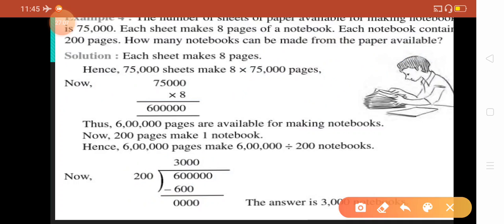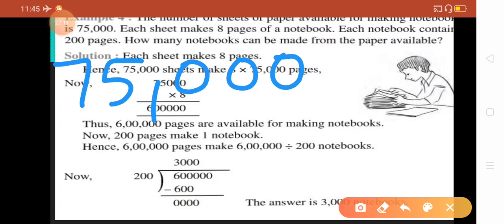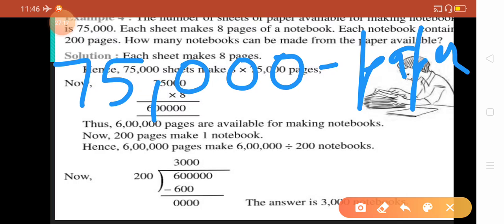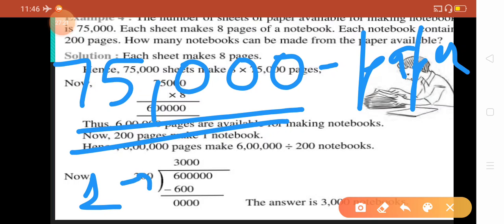So what is there? We have 75,000 papers. These are our papers, and for one notebook, you take a paper out of this and cut it into 8 pages.